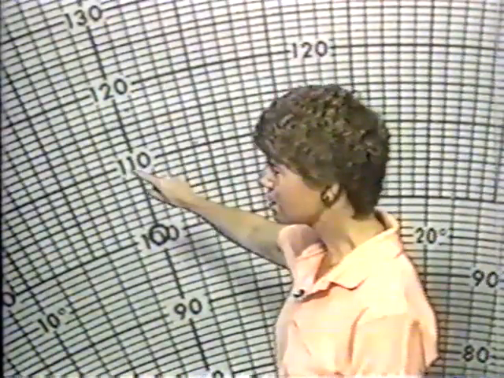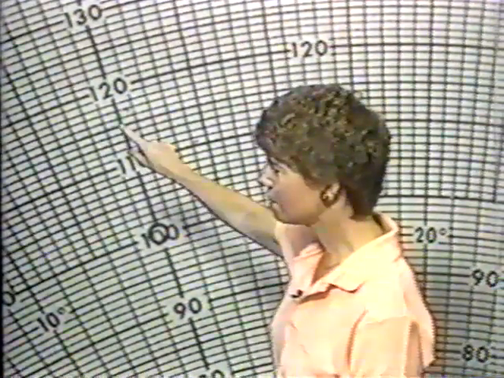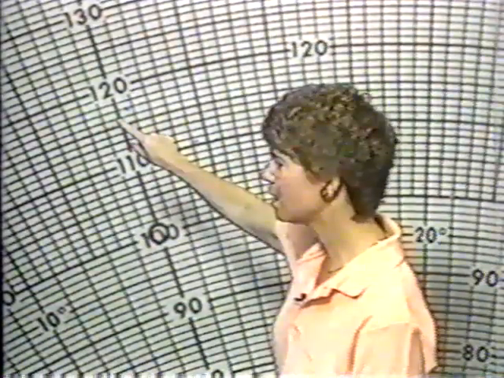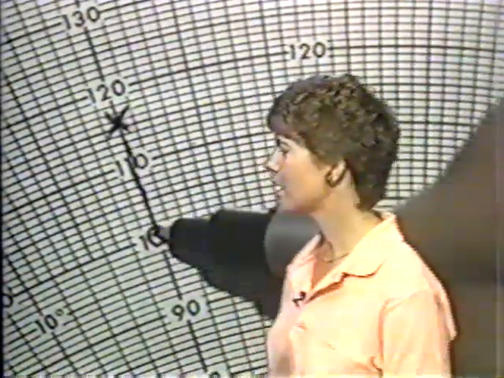Okay, so here's 110, 11, 12, 13, 14, 15, 116 right here. So you want to put your wind X at 116 on the flight computer. What you're doing is marking the wind direction and the wind velocity on the wind side of the flight computer.